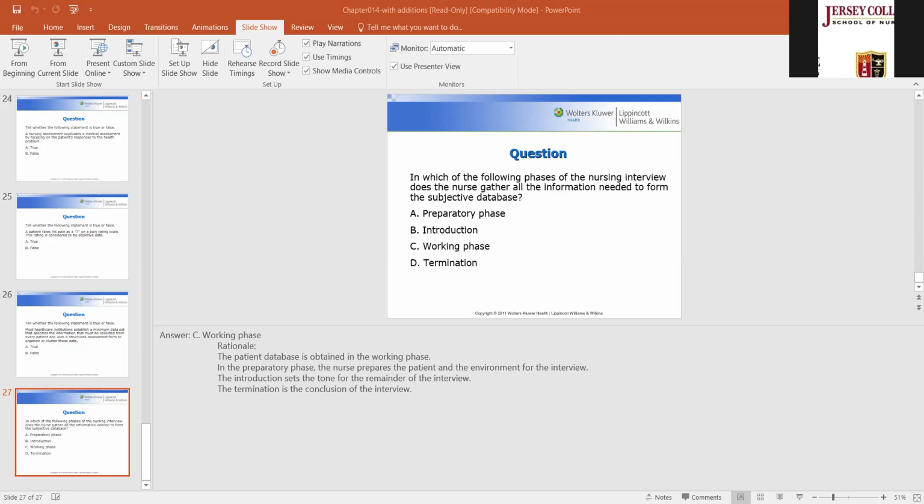What is the etiology? What is the cause, right? Because if we can fix that cause, we could probably nip this in the bud. If we can't fix the cause, then we can identify strengths, resources, ways that we can help this patient to cope with what's going on with them.